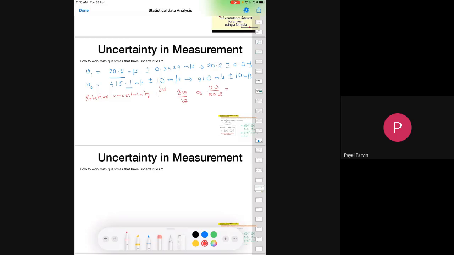And in case of V2, it is 10 by 410. And then you could also report this either as a fraction or as a percentage. So either way, you would be able to compare which speed is more uncertain in your measurements.